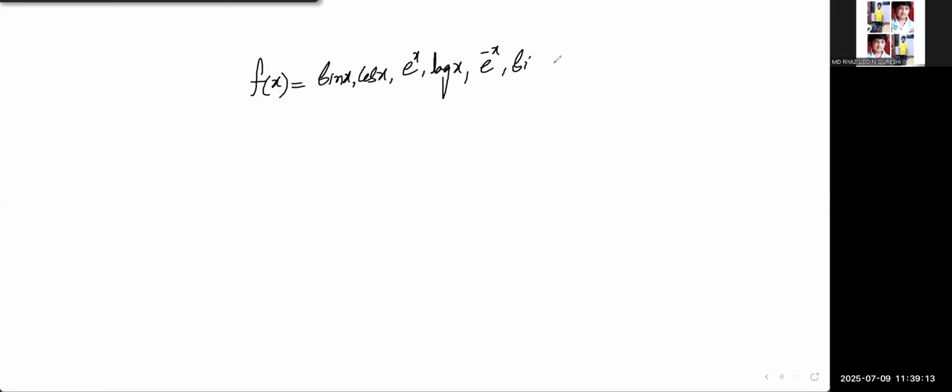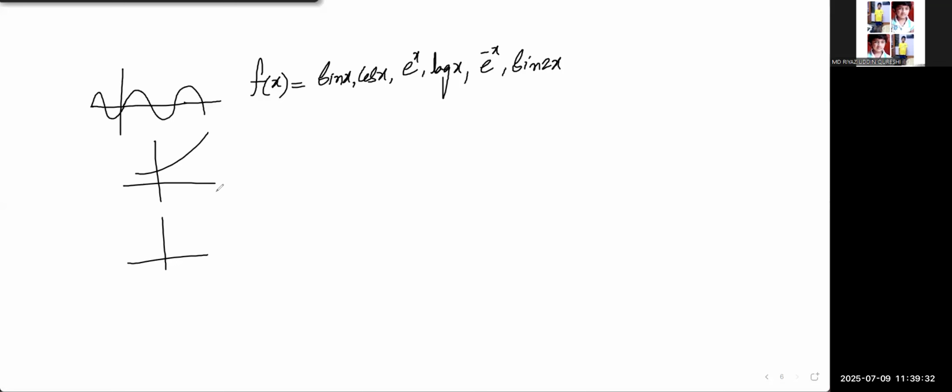If you see the graph of all these functions, they are not breaking anywhere. So if it is a trigonometric, exponential or logarithmic function, all the functions are continuous only, except one special case.